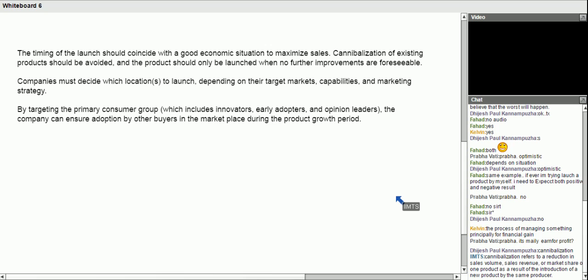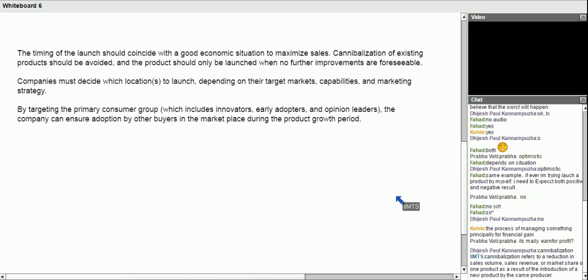Organizations have to make sure that they are not launching the same marketing mix product. Suppose some organization launched a soap 5 months back, which is performing well in the market.